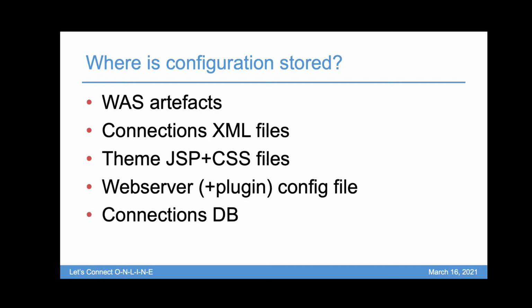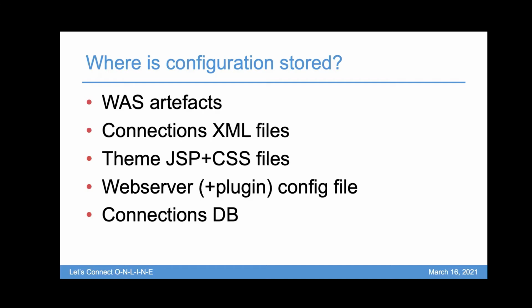We can start by looking at where the configuration is actually stored, and it's unfortunately located in different places. Some of the configuration, mostly the technical part, is within the WebSphere Application Server, but the main store for configurations is XML files which are located on the file system and installed with the product. You can also enable some features or customize some behavior by editing the themes.